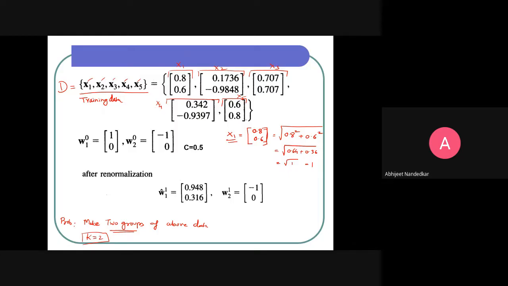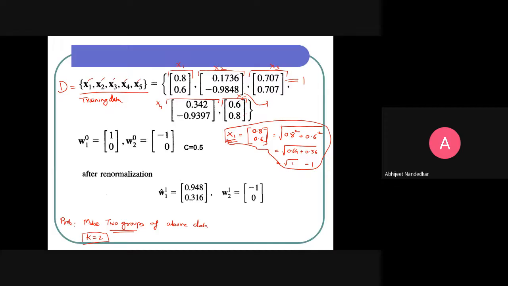In this case, all the vectors which are provided to you for training are pre-normalized. So you need not do normalization, but when you check it, you can verify that all these are normalized vectors. Okay, everybody has length 1.